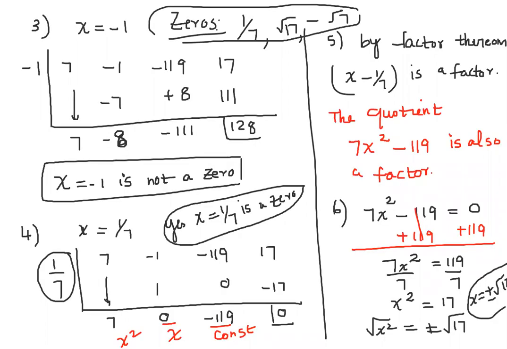Oh, sorry. Let's see if we go back. I'm sorry. I forgot to put, it's 17, not 7. It's 17 and 17. I'm sorry.